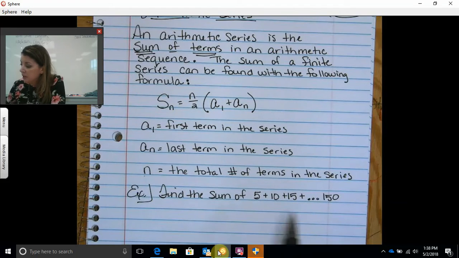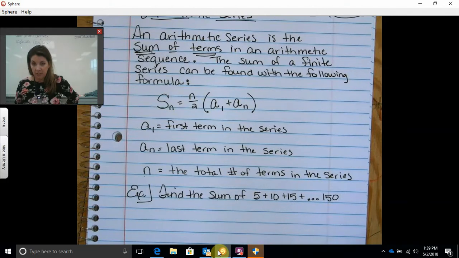So we know it's arithmetic because you're adding the same number to get to the next. 5 plus 5 is 10, 10 plus 5 is 15. So that's what makes it an arithmetic series. But we are adding all of these numbers together, okay?